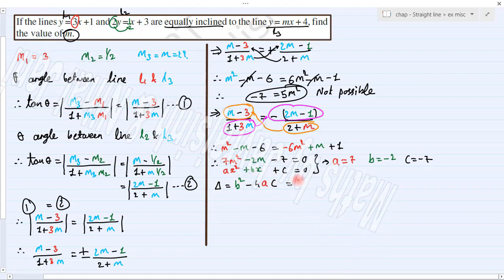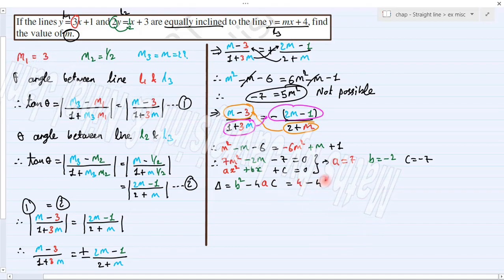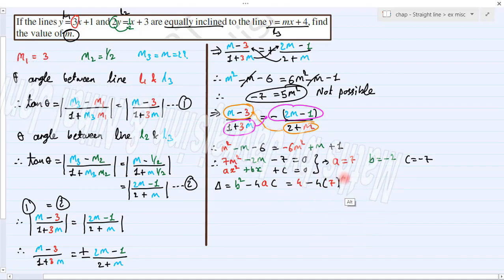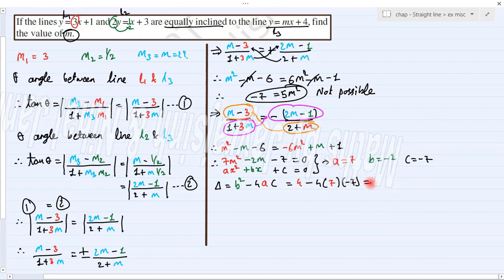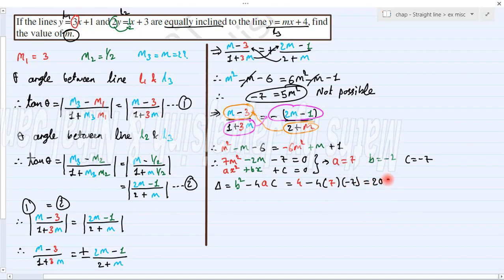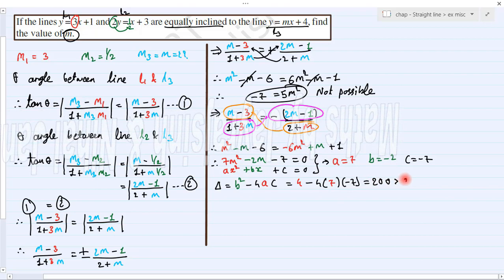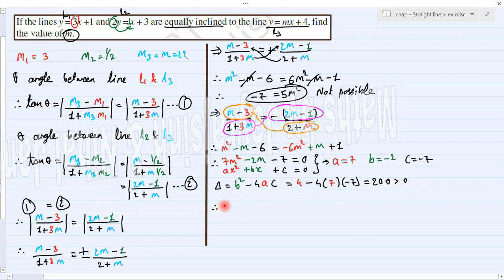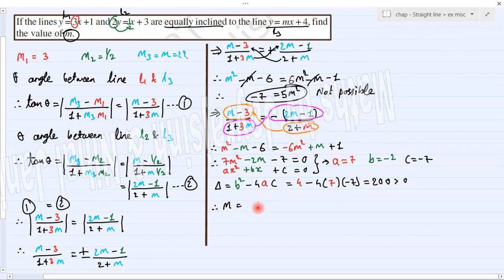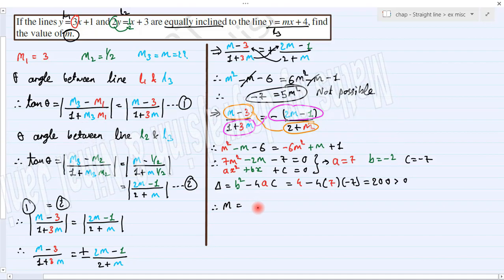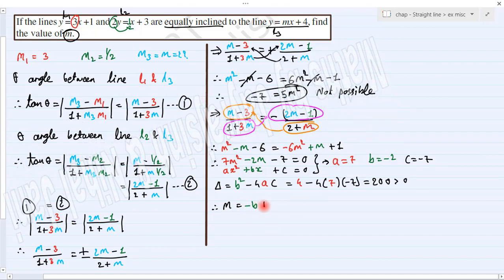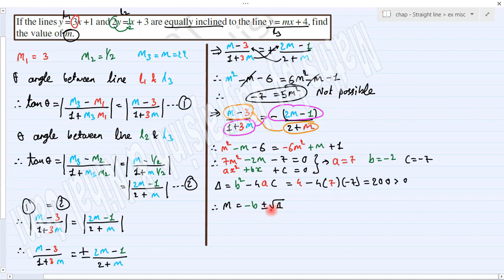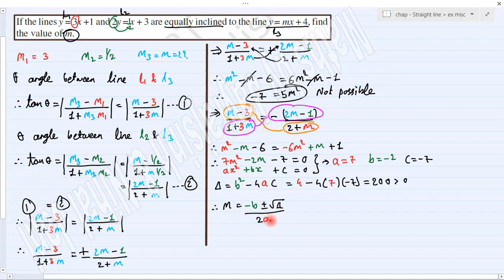So we will get 4 minus 4 times 7 into minus 7, or we will get 200, which is greater than 0. So we can say we will get real and distinct roots of m using minus b plus or minus root delta upon 2 times a.